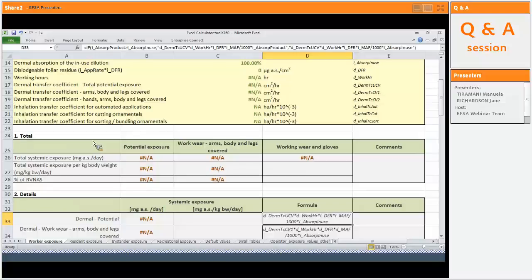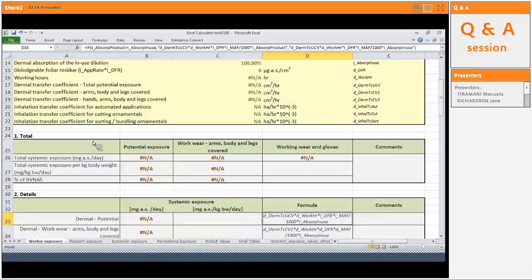And we have also another couple of questions related to worker exposure and the post-harvest interval, the PHI. In relation to worker exposure: what to do if the estimated exposure exceeds the OEL?